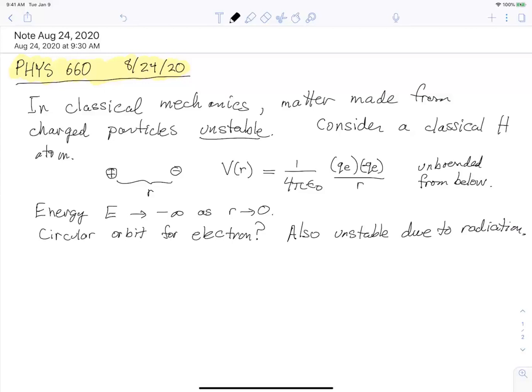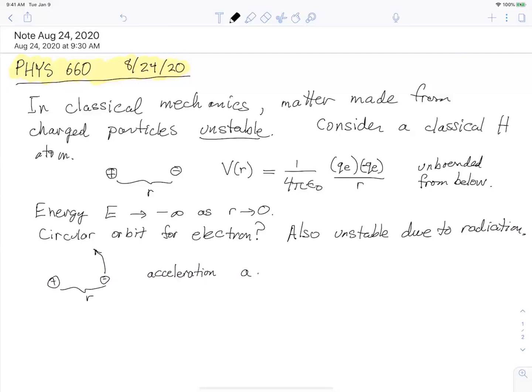Okay, and the reason we know that is, first let me draw a little cartoon of my electron going in a circular orbit, still at a radius r, which is supposed to be fixed. The point is that the electron is accelerating if it's going in a circular orbit. We all know that circular motion means acceleration.